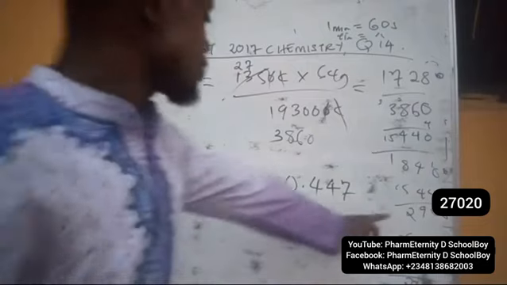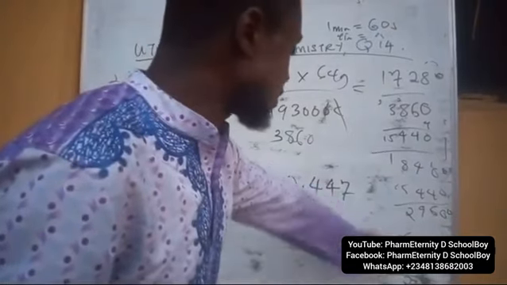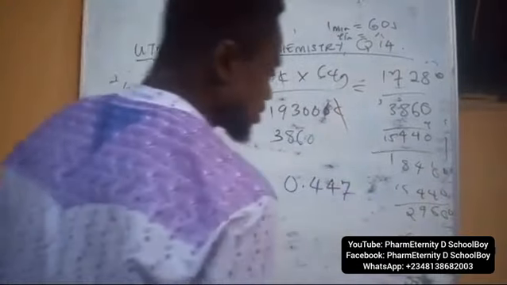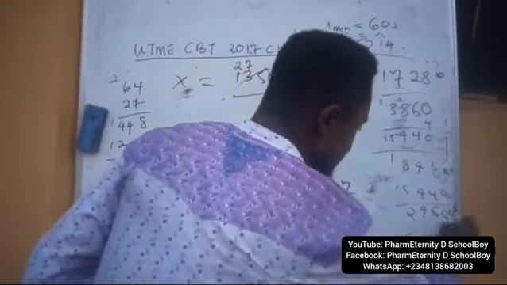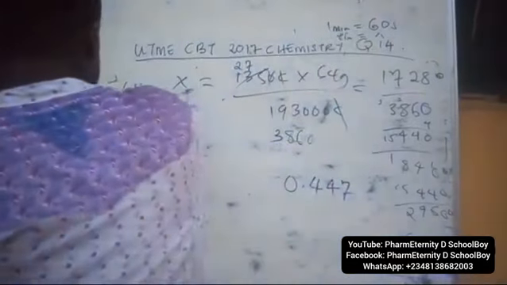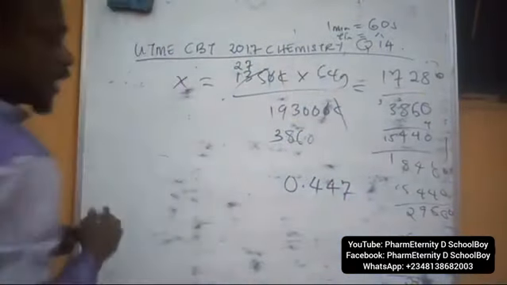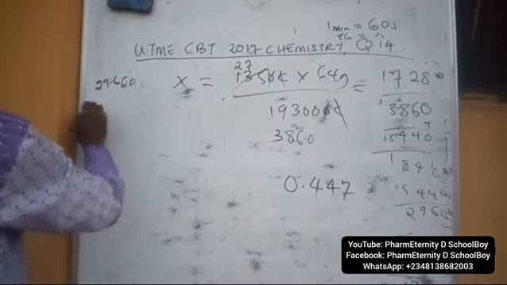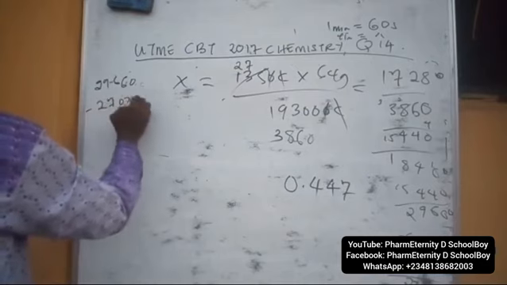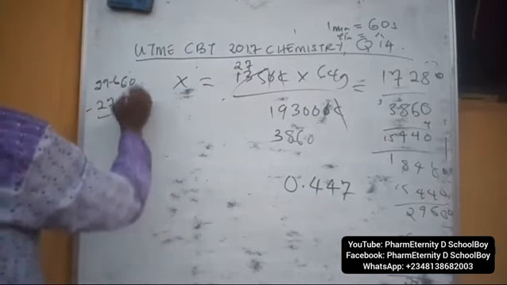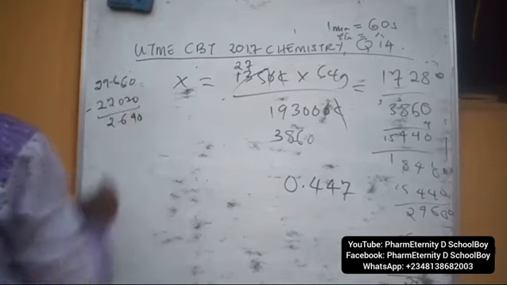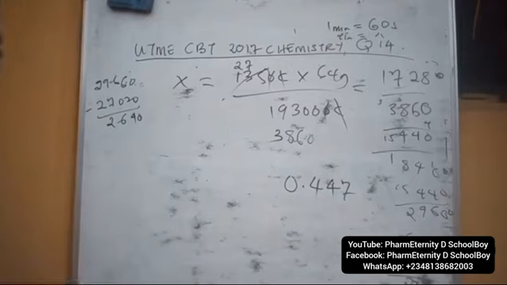So we have 27,020. So if you subtract 27,020 from 29,600, we have something like this. At the end, 29,660 minus 27,020, we have 2,640. So we have 7. Remember 2,640.